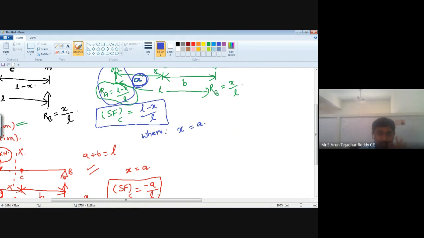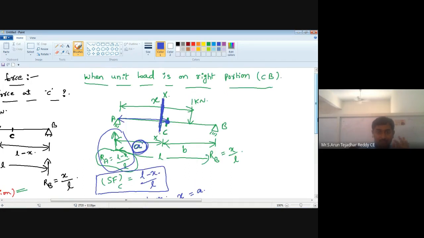So in place of X, just substitute the a value, then you will get shear force at C, that is (L minus a) by L.